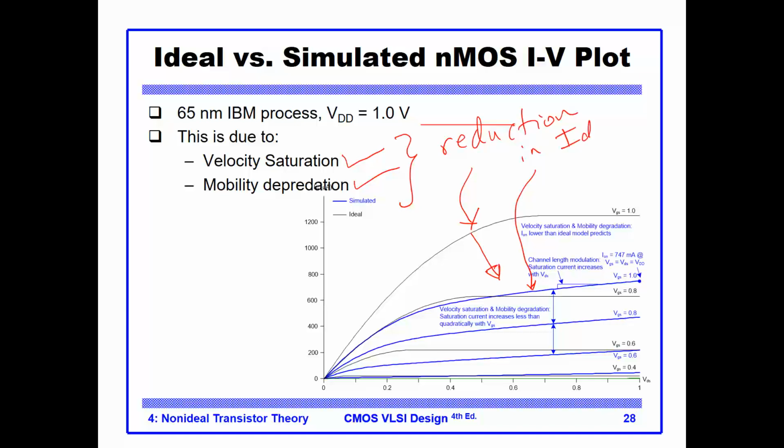Is this good or bad? Of course bad. Current for circuits is like blood for humans, so less of it is bad. We were not happy to get less current. This is the problem: velocity saturation and mobility degradation.